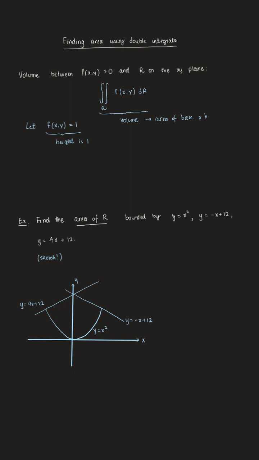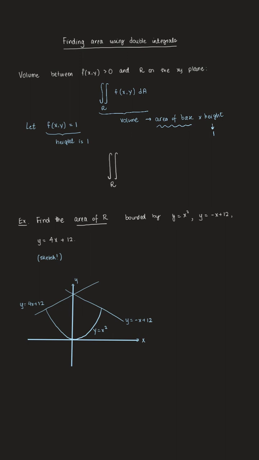Well, if the height is just 1, then we're just going to get the area of the base. So if we replace our function with just 1, we have a double integral that is numerically equivalent to the area of our region.